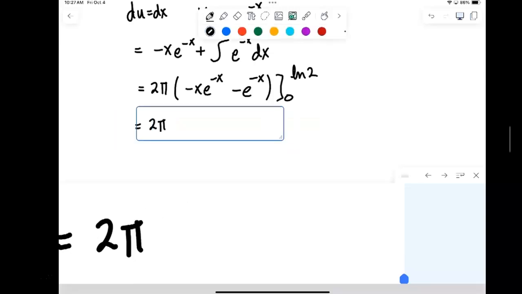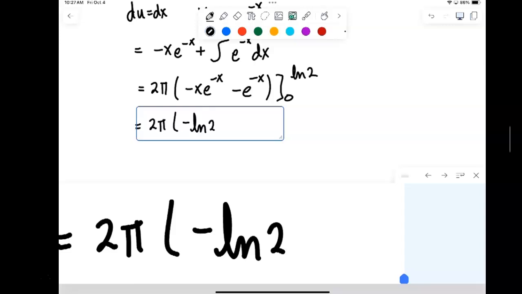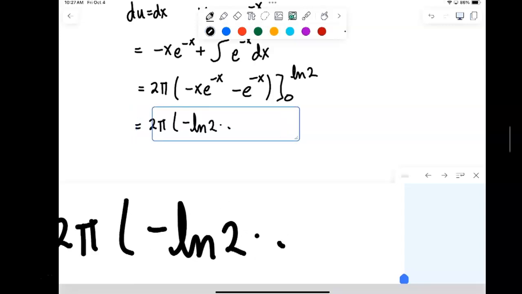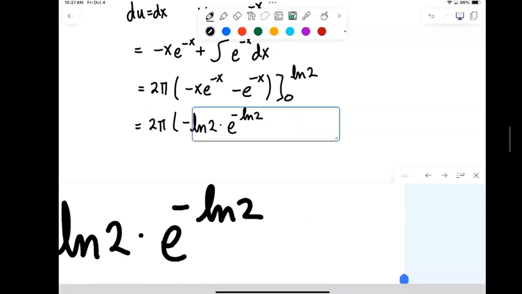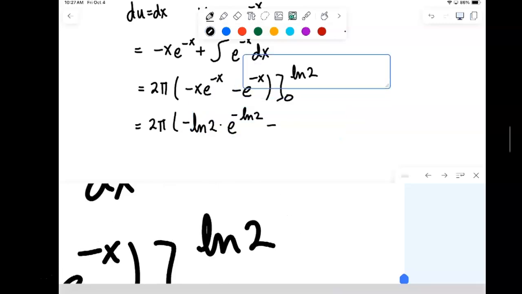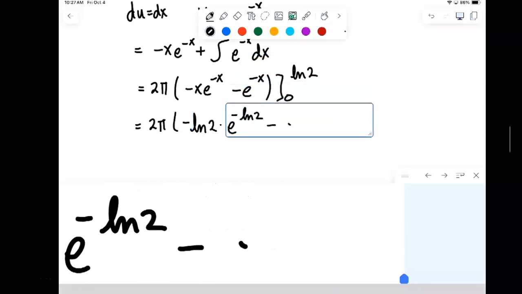So 2 pi, when we plug in ln of 2, that's going to be minus ln of 2 times e to the minus ln of 2, minus e to the minus ln of 2.